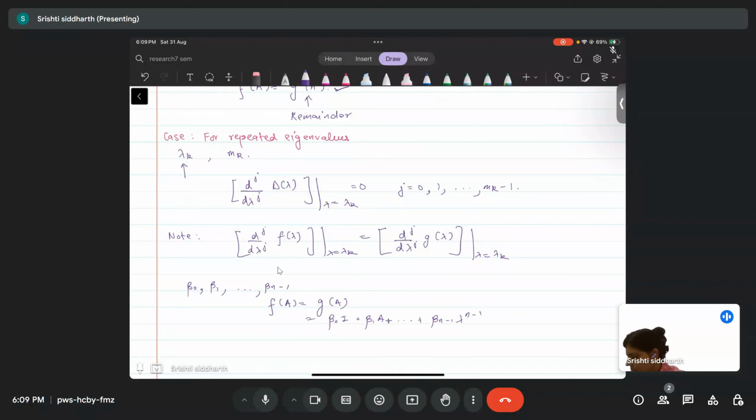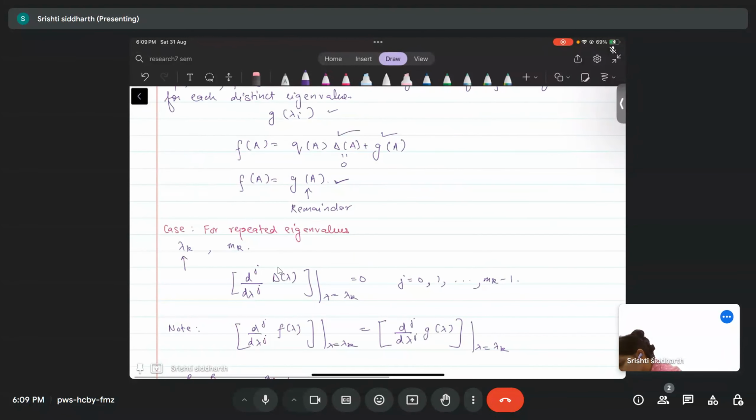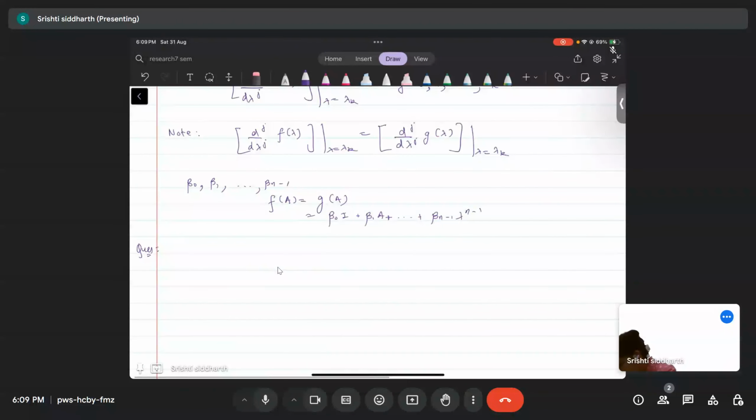Okay, so let's look at a question first. This is, I guess, the sixth question. So we have a square matrix, 0, 1, minus 2, minus 3. To find the polynomial A to the power 10, what we can do is find the characteristic equation first.